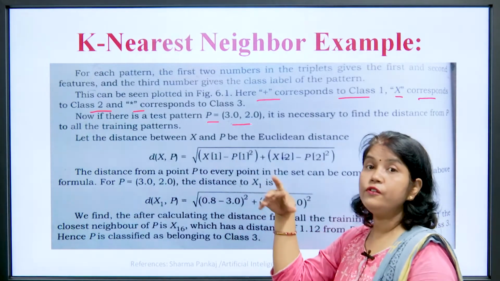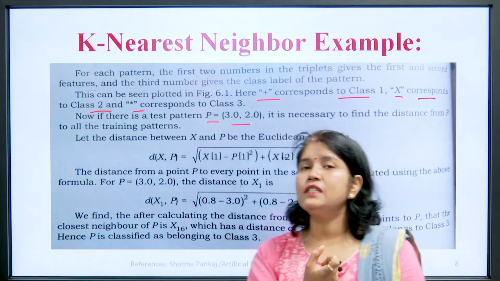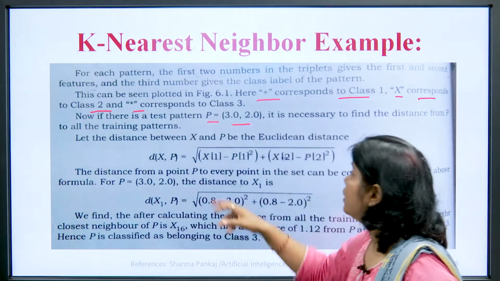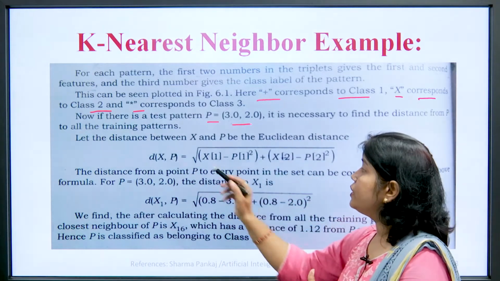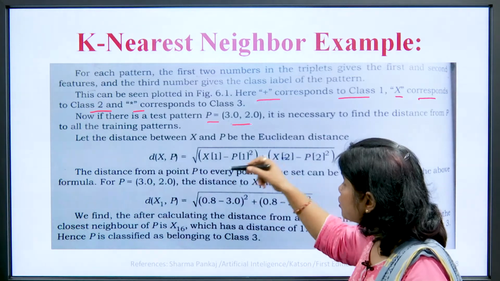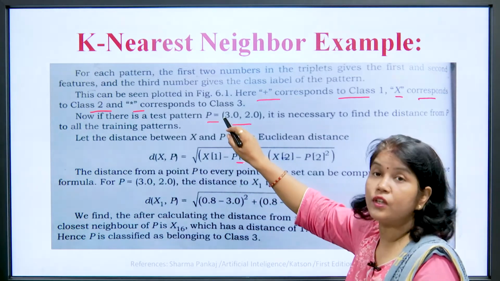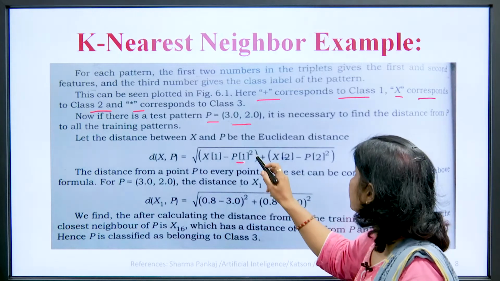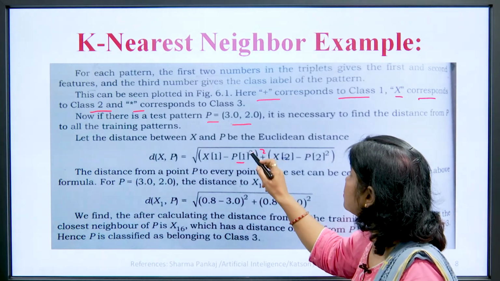So, how will the Euclidean distance be explained? Euclidean distance means you will take the distance from x1 minus p, where p is whatever the data set introduces.